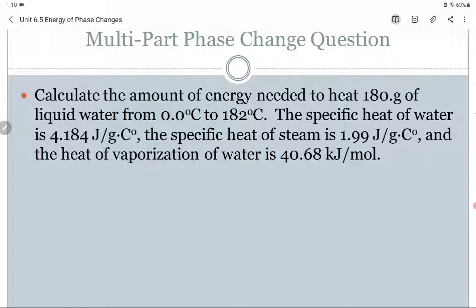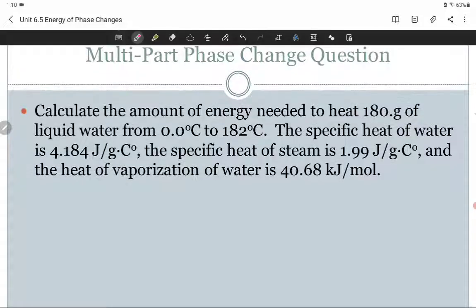Multi-part phase change question. Calculate the amount of heat needed to heat 180 grams of liquid water from 0 degrees to 182. So you would think that you could just go Q equals Cm delta T, since I know the specific heat of water, I know the mass of water, and I know the change in temperature of water.